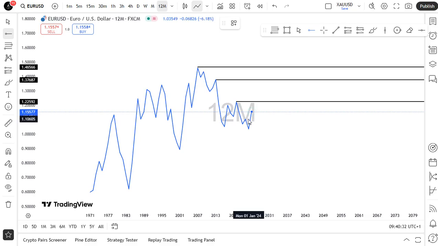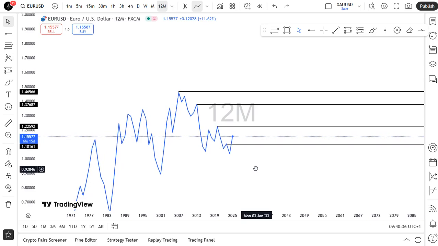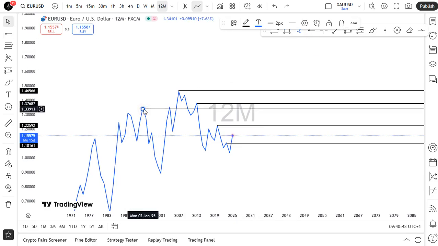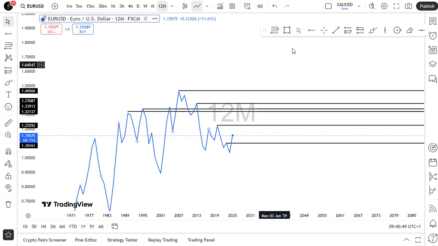These are my key levels, and the reason why I'm using these key levels is that they are still fresh. I could still use these other ones, but they are not as fresh.